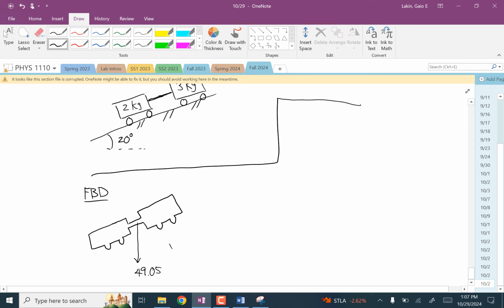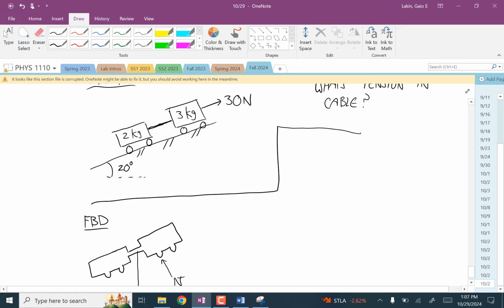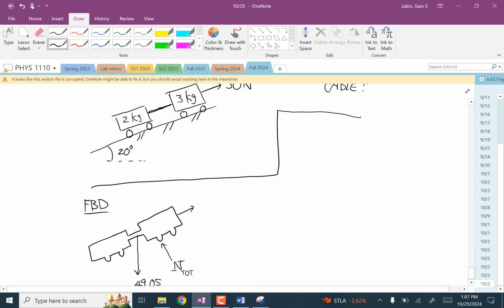There's a pushing force. I'll call that N total. And then there's a cable force of 30 newtons. And that's all the contact. For the weight force, there's the coordinate system.